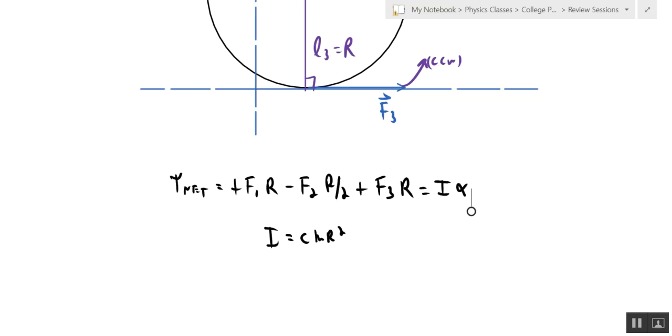To do that, what we have to do is use constant angular acceleration and rotational kinetic energy, because the disk is originally at rest, and then after these forces are applied, it's spinning and it has rotational kinetic energy. So you can figure out how fast it's spinning after the time to figure out alpha, right?